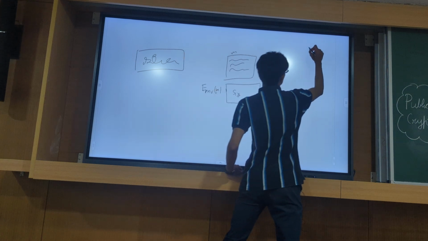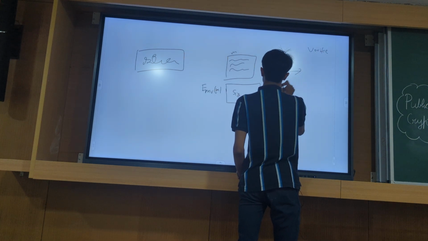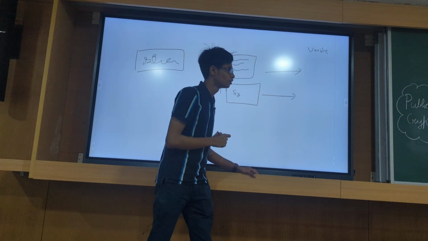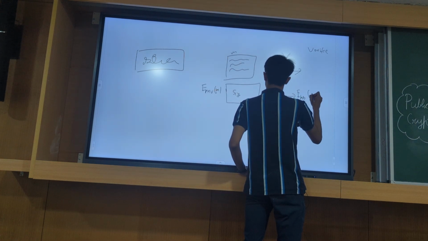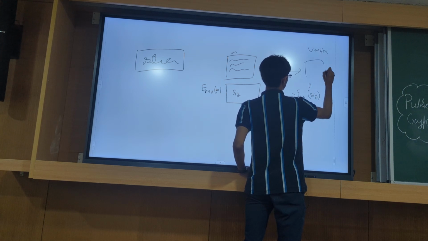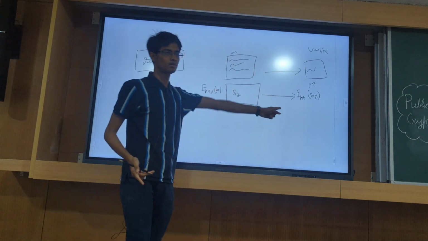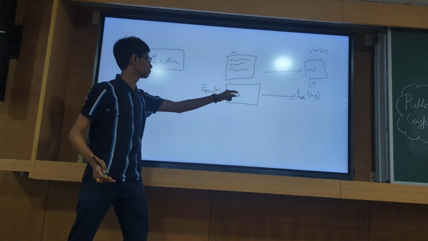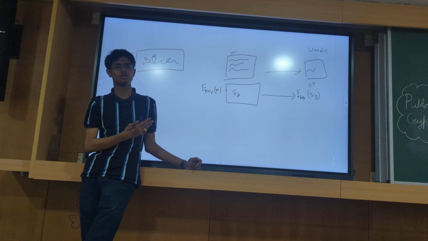Then the person who wants to verify it has your message and your signature. They will use the public key on your signature and check if it is equal to your message. If they are equal, that means the private key was applied on the message, and only you have the private key, so only you could have signed it.